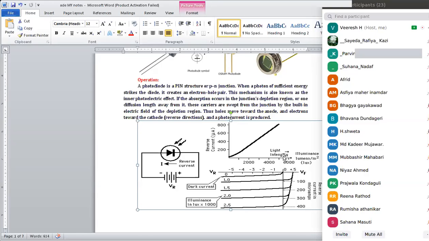Illuminance is nothing but the light intensity, the energy of that light. The more the intensity of that light increases, the more the current also increases. Okay, so whenever a photon falls upon this diode, the holes are moving towards the anode and electrons are moving towards the cathode, which is a reverse direction. That is why it is going to generate a reverse current.